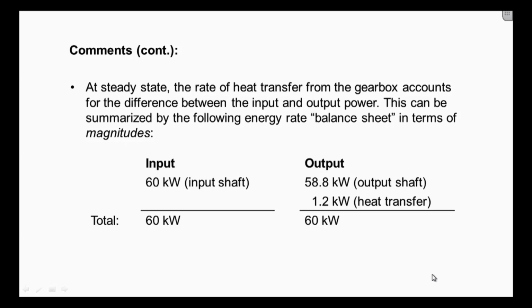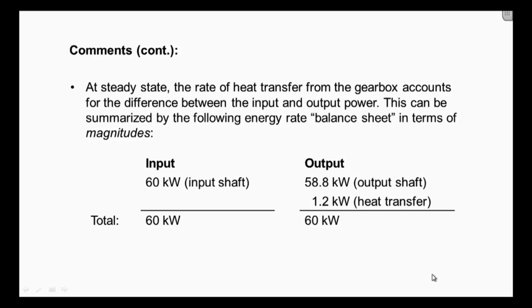On the energy input side, we have the mechanical shaft power. On the energy output side, we have the mechanical output shaft power and the heat transfer loss to the environment. Both the input and output columns add up to the same numerical value of 60 kilowatt, which shows that we did not make any mistakes and the total energy in the system is conserved.